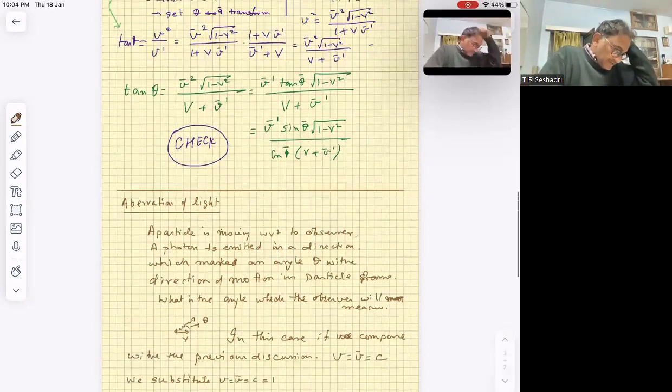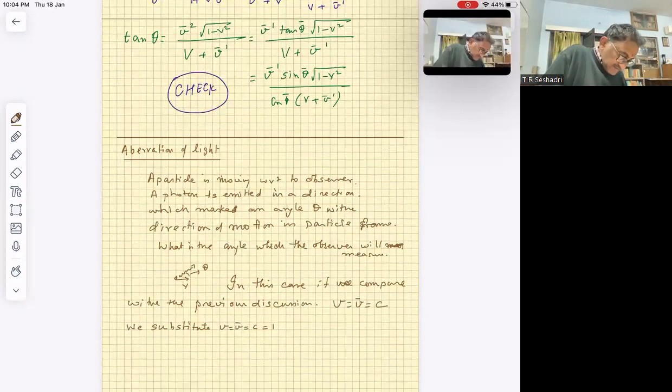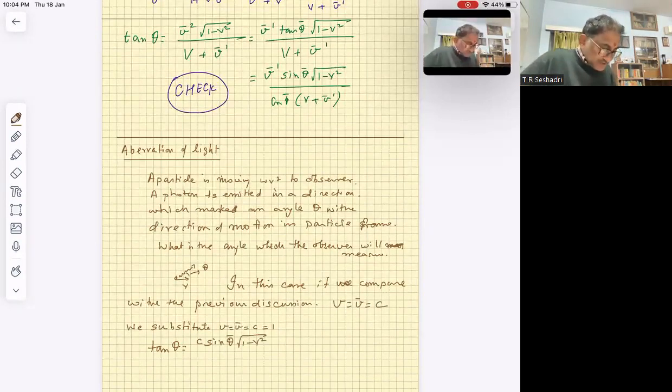And so I have tan theta is equal to C times sin theta bar 1 minus V square. This is still 1 minus V square because capital V is the speed of the frame, not of the particle. This divided by cos theta bar V plus C.